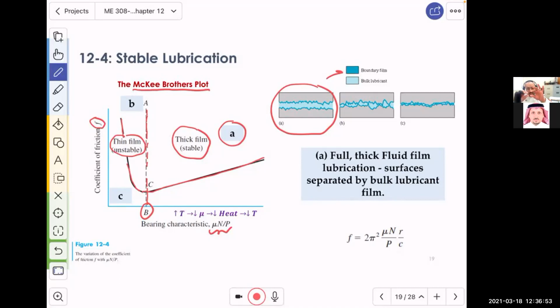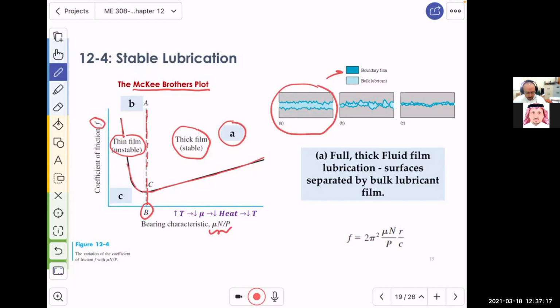And then in between, we have this thick layer of light blue color, which indicates comfortably that there is a gap between the two metals. And as things flow, there is no metal to metal touching, no contact, which is very good. So this is the case of having a thick film.